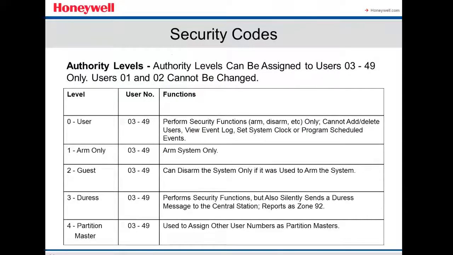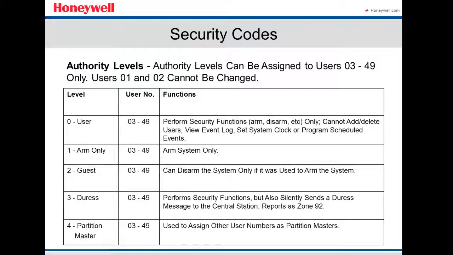This is the authority levels. We have 5 authority levels: 0, 1, 2, 3, or 4. I'm sorry, 5. Level 0 is the user. Level 1 is arm only, so the user is only going to arm the system. Then there are the guest, the disarm, and the partition master.